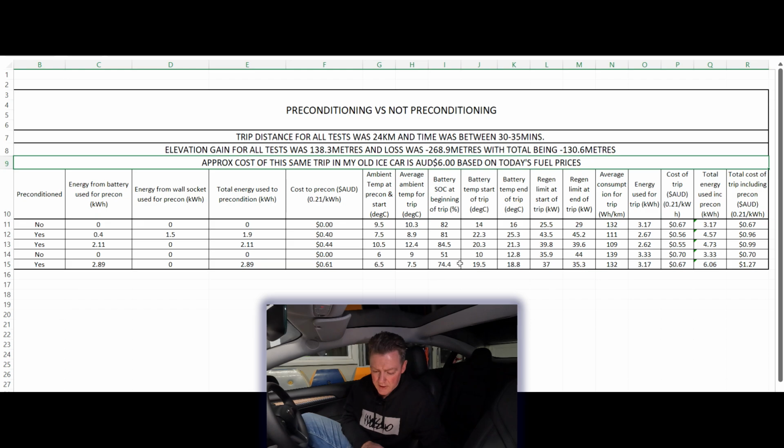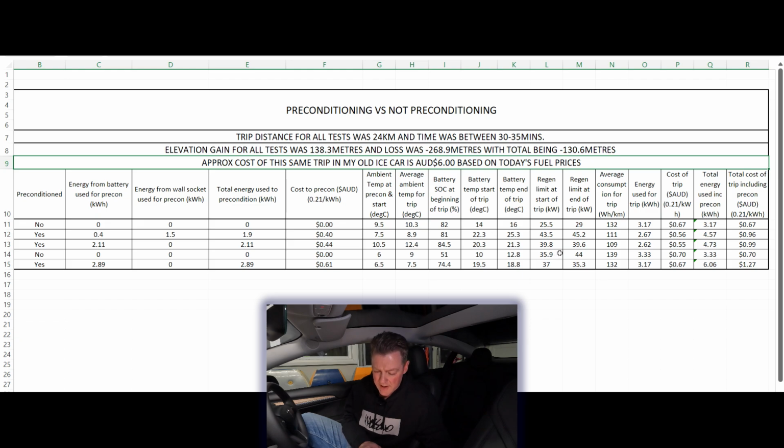Having a lower state of charge, this was something I really learnt. It doesn't need to limit as hard, because even though it's an LFP battery, when it's at a lower temperature and a lower state of charge, that reduces the damage caused by the cold. The battery is at a less stressed state. It doesn't have as much charge in it, so even when it's cold, you can still get a good regen limit.